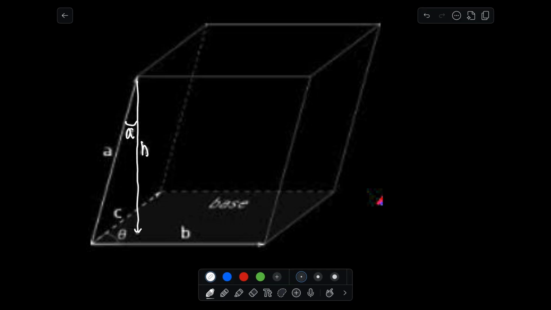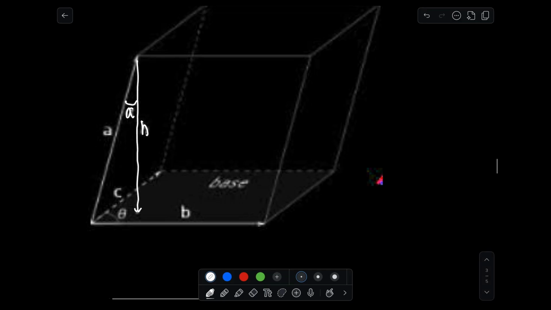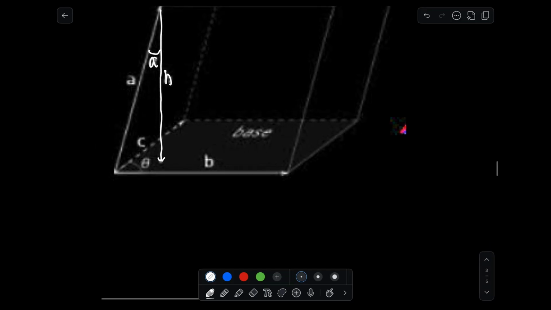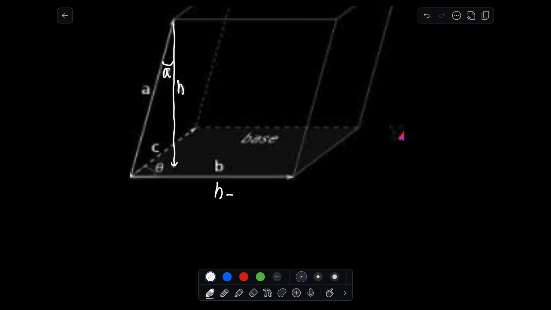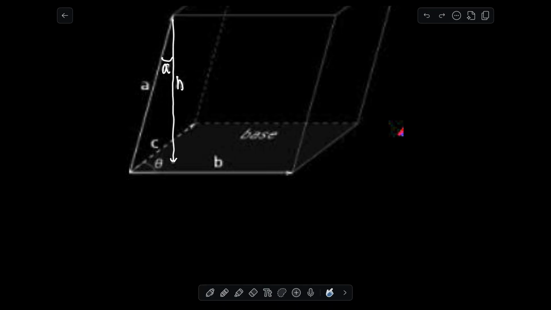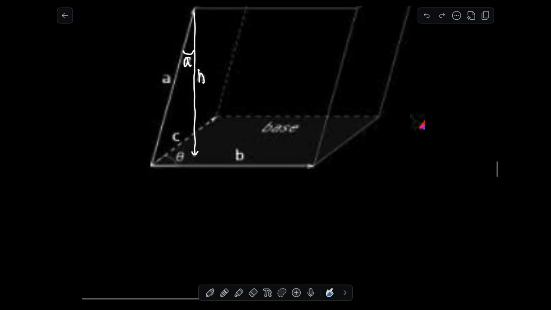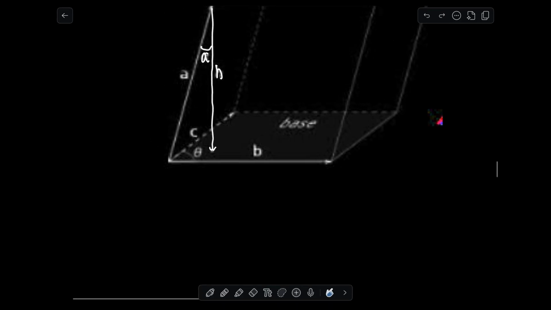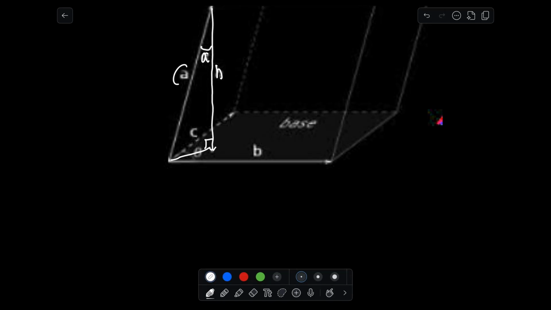We know that this is a right triangle. We know that this is our hypotenuse, this is our adjacent side.